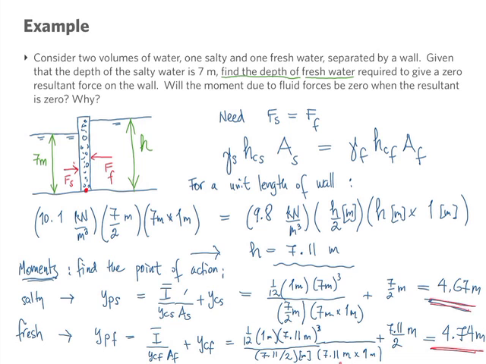But you can see clearly that they're not collinear, because this 4.67 is on the salty side, so it's measured from here to here, and this 4.74 is from the fresh side, so they're measured from different reference points. It's the surface of the liquid in each case.